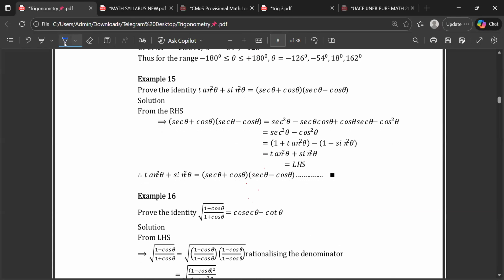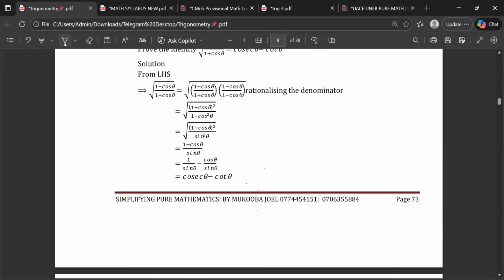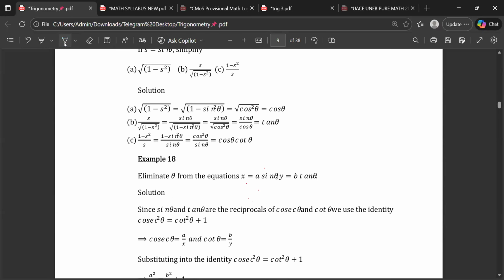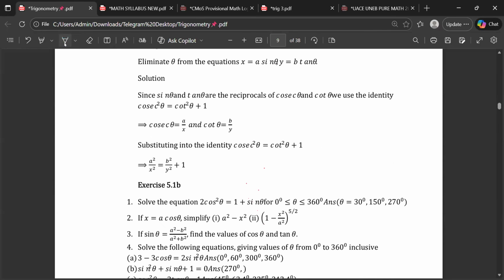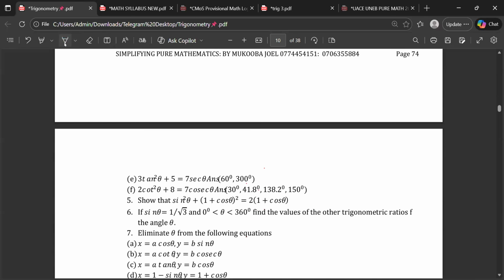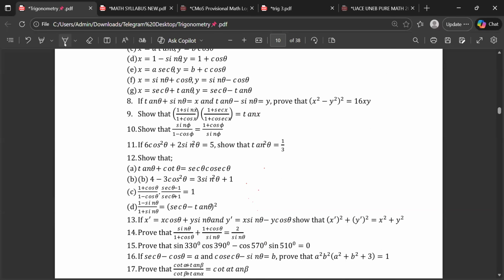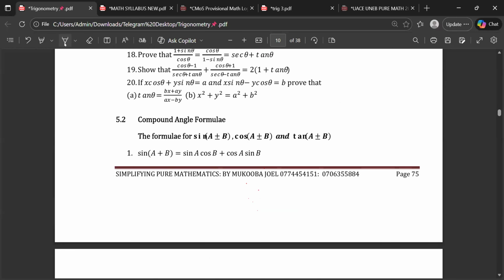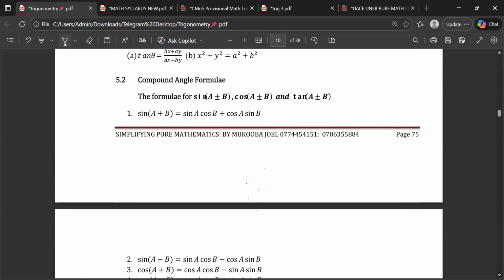You can see they removed the sec and put this, they removed the cos and put this. You see, those are still identities. This was a proof, those ones are not hard. This was just exercise. They even talked of eliminating theta, which I told you do at once.